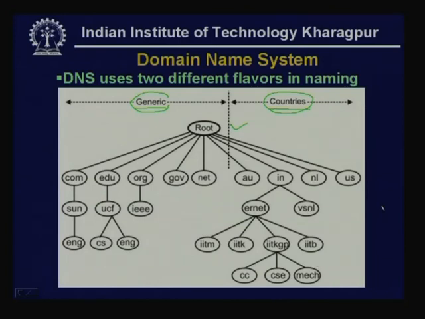In this way it can continue, and ultimately a name can be like CSE dot IIT KGP dot ERNet dot IN. That forms a name, and any user connected to this server can be, say, APAL at CSE. So, this forms the complete name for sending any email or other things.